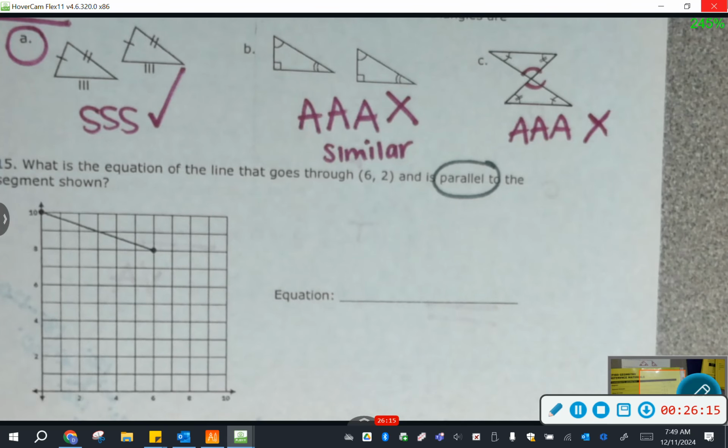What do we know about parallel lines on a graph? Yes, they do go on forever, but what do we know on a graph about parallel lines? They do, you're correct, they never touch.